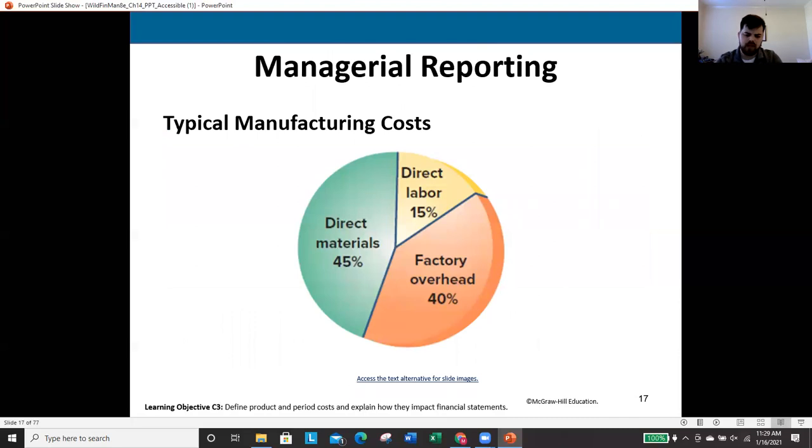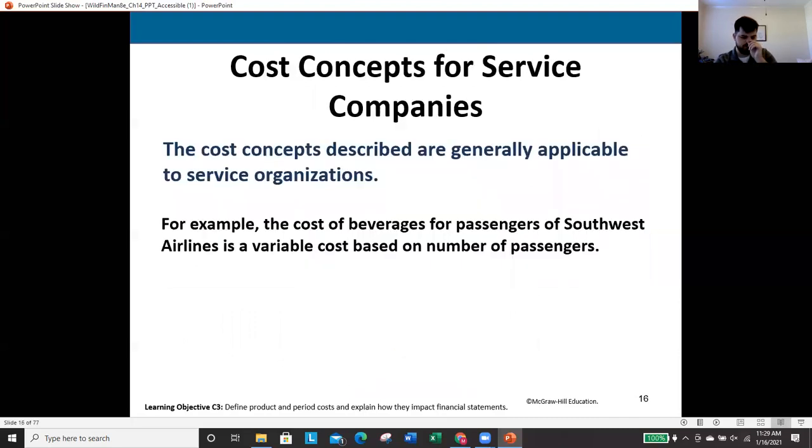I'm not going to spend a lot of time here about service companies, but certainly these types of ideas can be applied for your service companies as well. So they say here, for example, the cost of beverages for passengers of Southwest is a variable cost, because if you have one passenger on the plane, right, incredibly unlikely they're going to fly a plane with only one person, but in the event they did, they would have a very small variable cost, right?